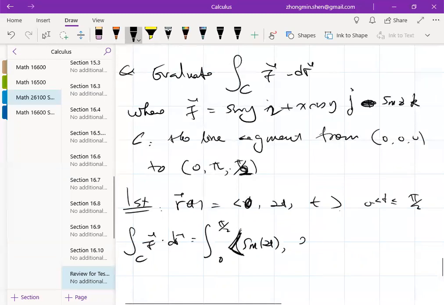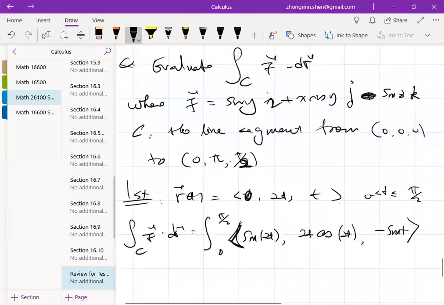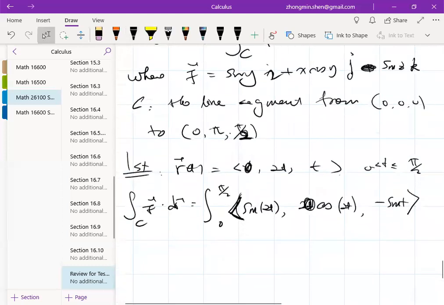The second component is 0 times cosine 2t, and the third component is z, which is t. Then dr is going to be 0, 2, and 1, dt.